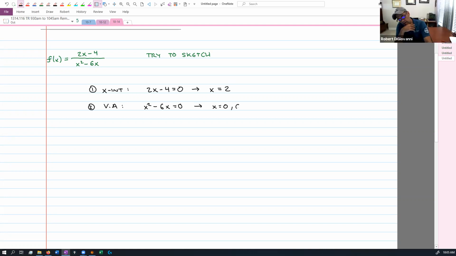Good. Now, if you didn't do your homework and you don't know how to get those answers, you need to go figure out how to get those. You're just solving those equations. Keep in mind, I'm not showing that work. Normally, if this was a brand new problem, I'd show that work. The third thing I'm going to figure out is where the horizontal asymptotes are. We talked about this a minute ago on the previous thing.